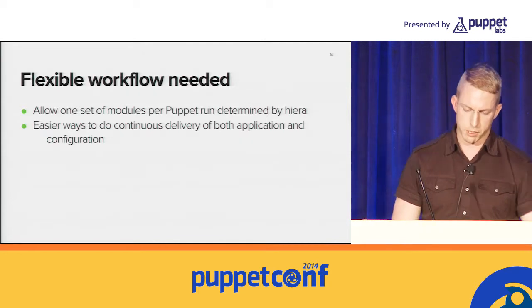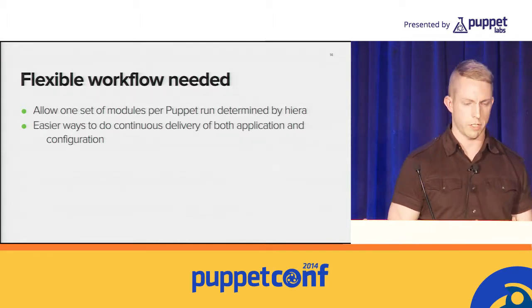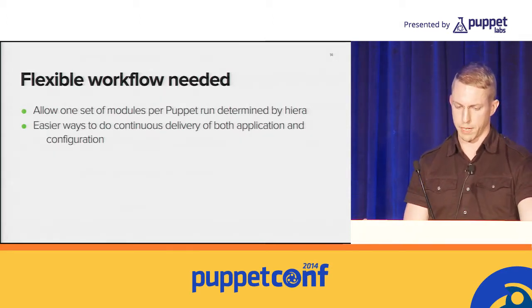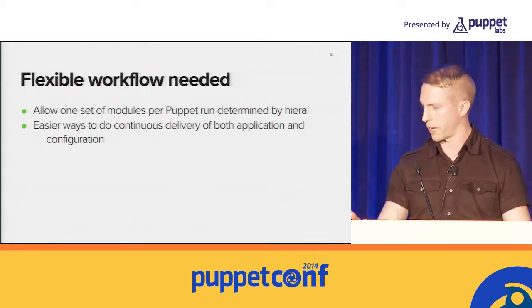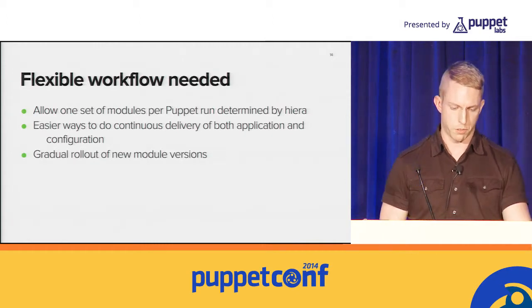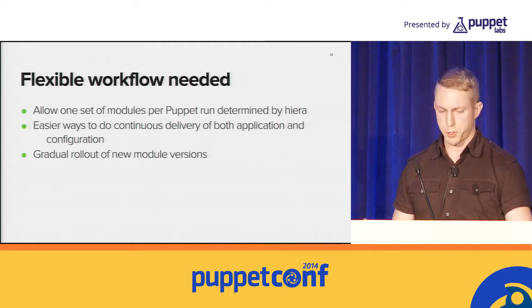And we wanted easier ways of doing continuous delivery of both application and configuration, to be able to roll out new versions of them at the same time. And we also wanted to be able to do gradual rollout of new module versions.